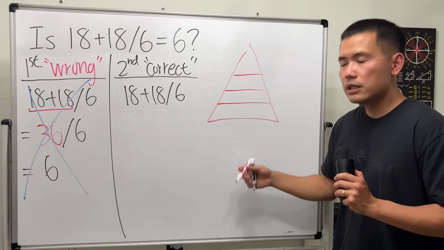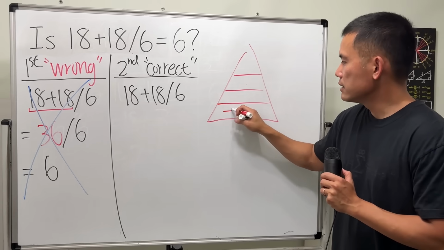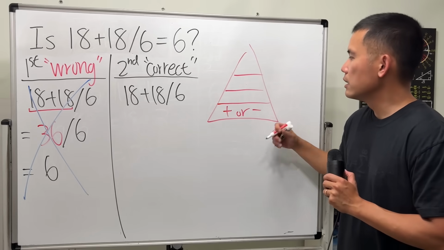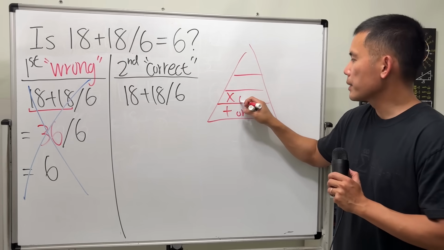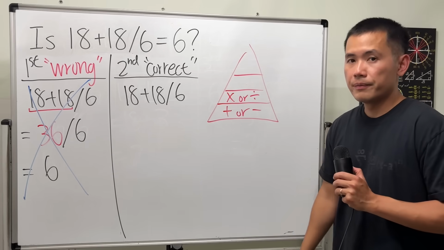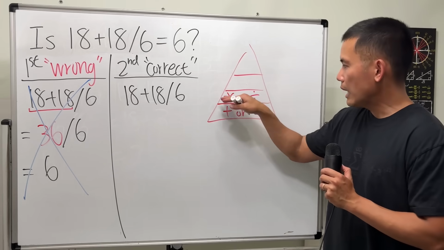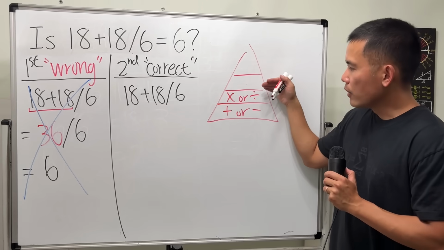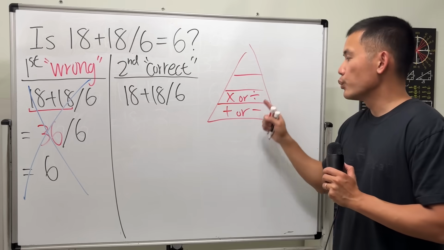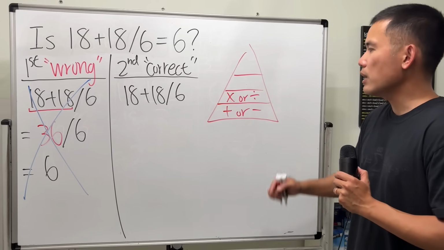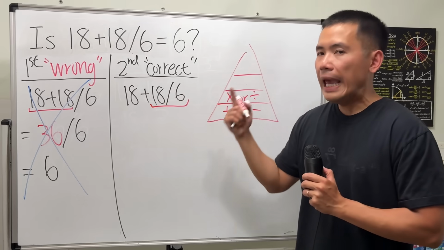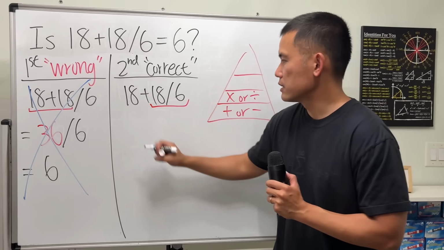We have 4 levels. The very last level is the addition or subtraction, and the level above it is multiplication or division. If you have an operation that's on a higher level, then you have to do that first. We divide first before we add or subtract. So 18 divided by 6, that goes first.